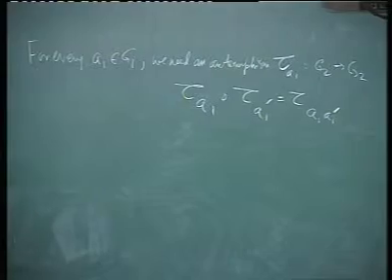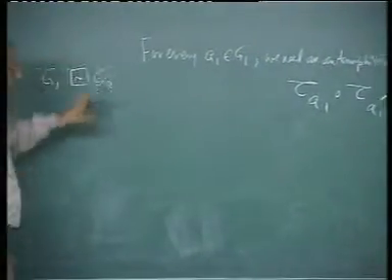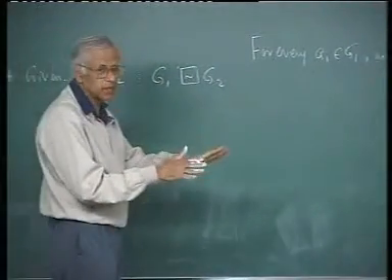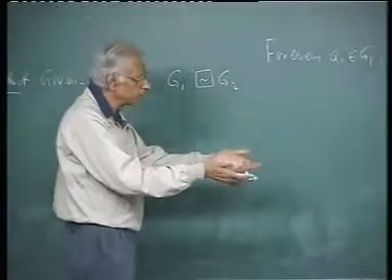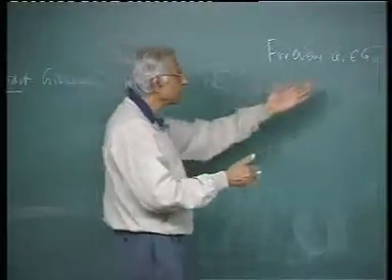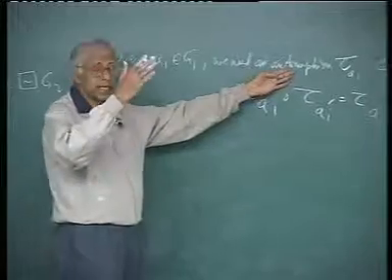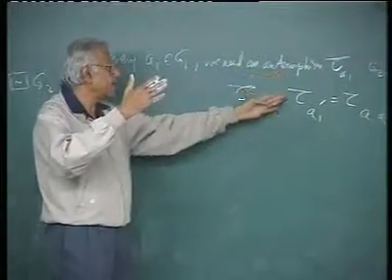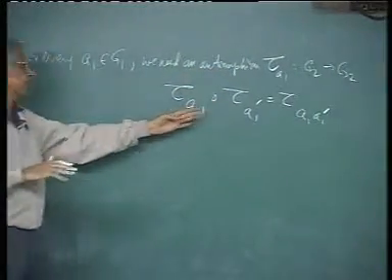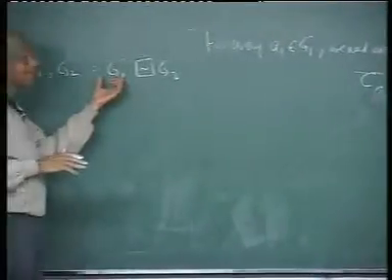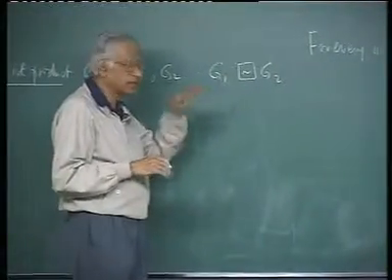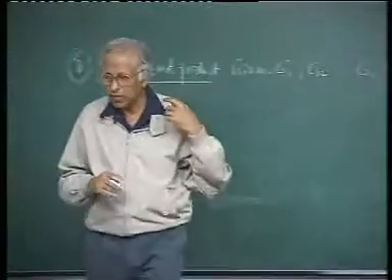So the first group must act on the second group in a sensible manner. It must map the second group into itself. It must preserve the multiplication law in the second group, and the automorphisms themselves must follow the multiplication rules of the first group. So this is why it is a very involved construction.